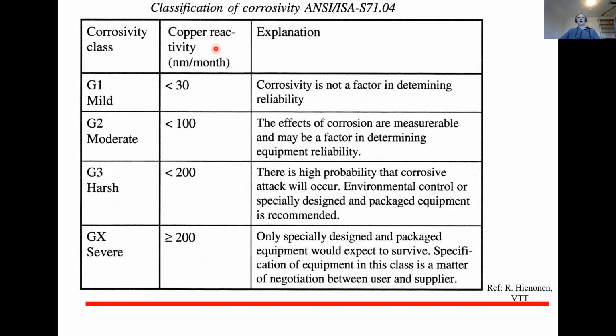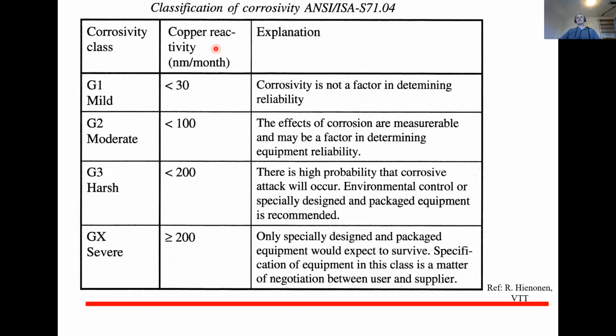Why copper? Because of course it is maybe the most important metal in our electronics. It's quite often exposed, for example, in printed wiring boards. It might have some protective coatings, but anyway, copper is important. And on the other hand, that's also the reason why copper is used as a reference material in our corrosion tests.